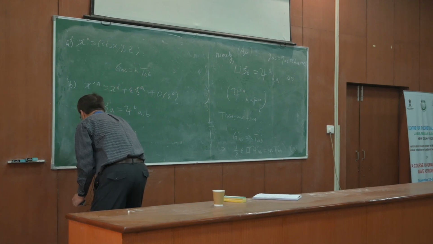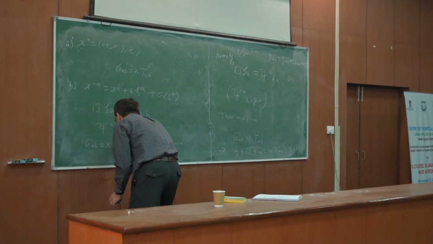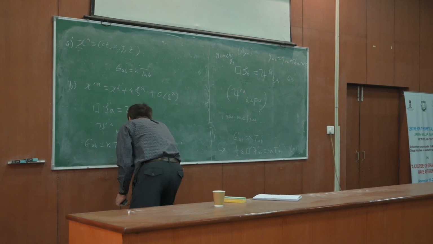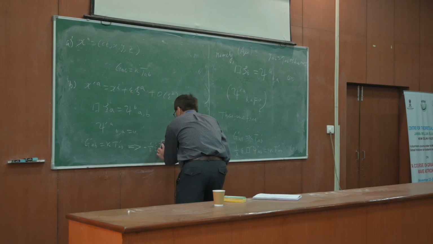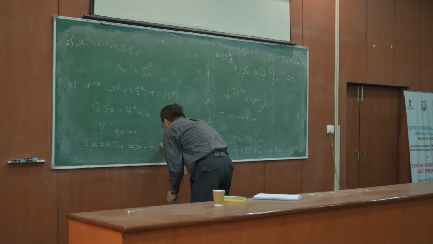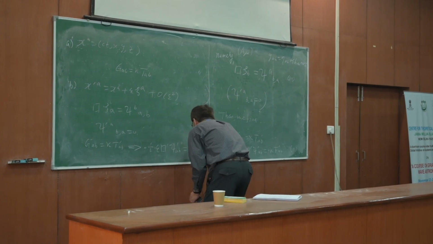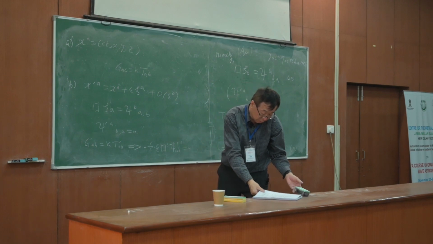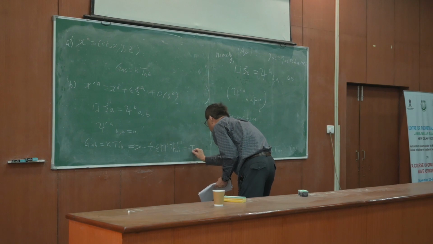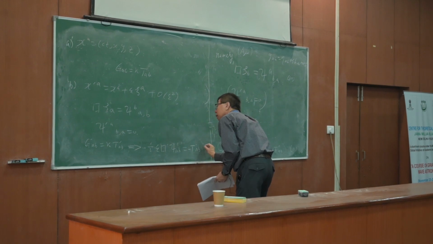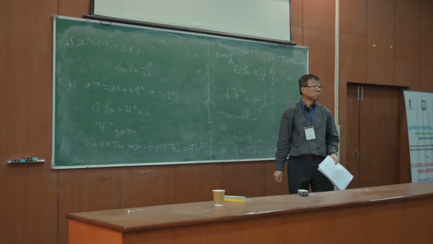Then my G prime AB, the Einstein equation in this primed coordinate, takes a very simple form. So this is my step.